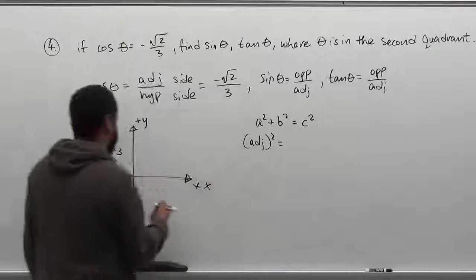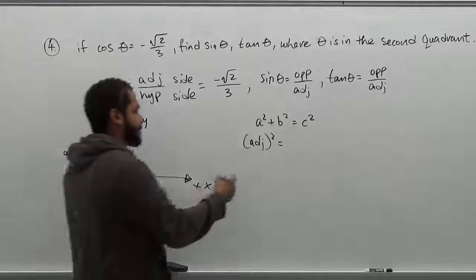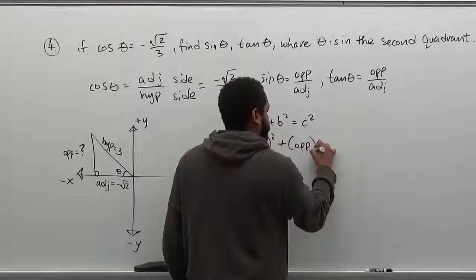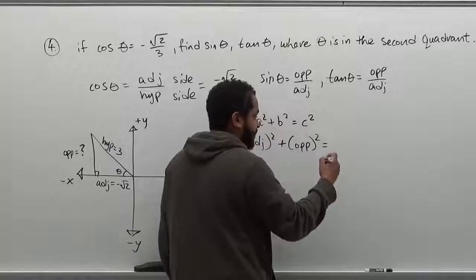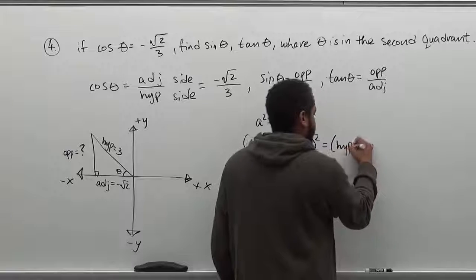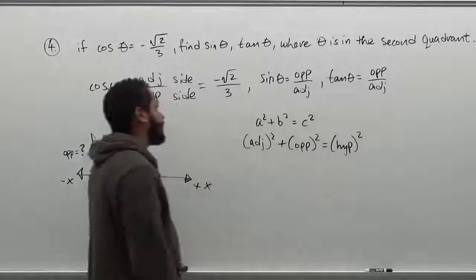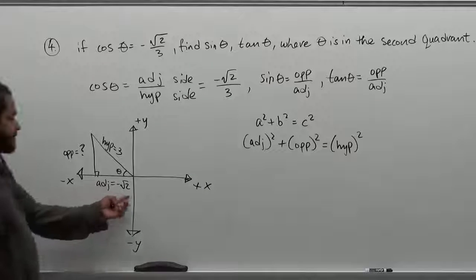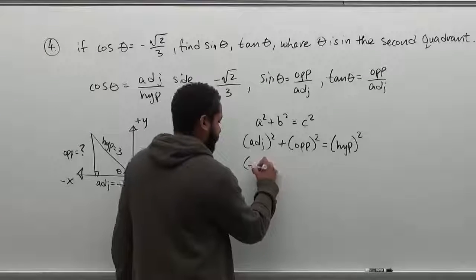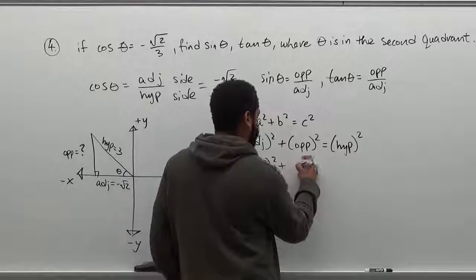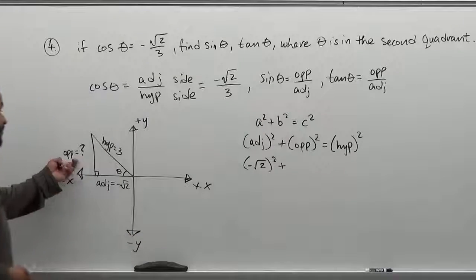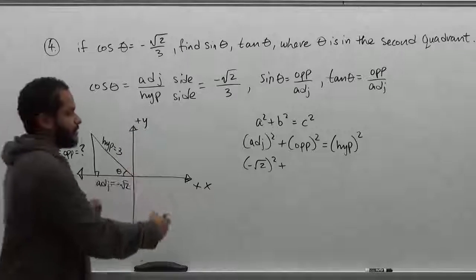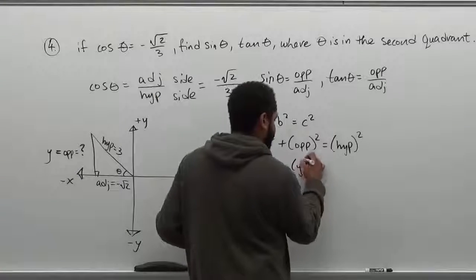The b side is usually the opposite side, squared, and the c is always the hypotenuse, and we're squaring that. Now, our adjacent side we know already to be negative radical 2. So we have negative radical 2 in here, squared, plus the opposite side, which we don't know, the question mark. So we're going to label this side y because it's a y value, and we put a y in here.